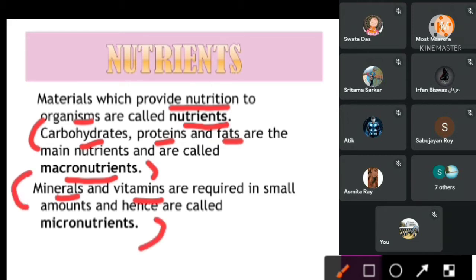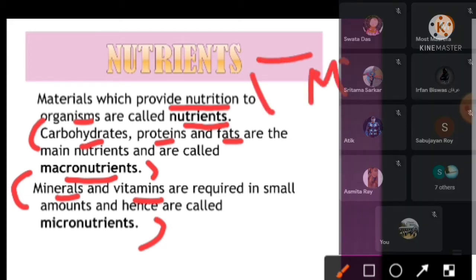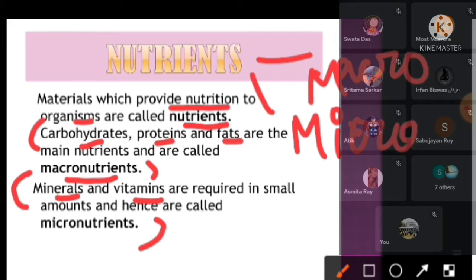So there are two types of nutrients: one is macro and another one is micro. Carbohydrates, proteins and fats are the main nutrients, known as macronutrients, and minerals and vitamins are required in small amounts, which is why they are micronutrients.